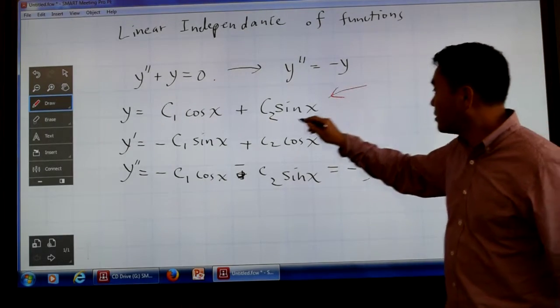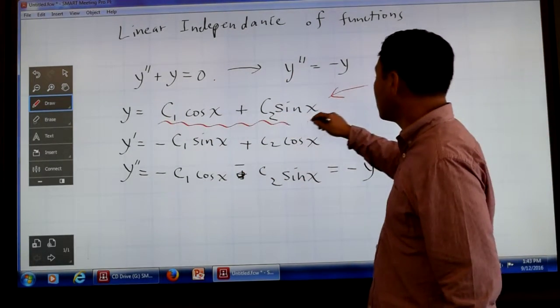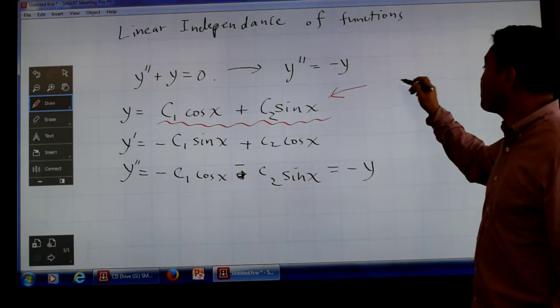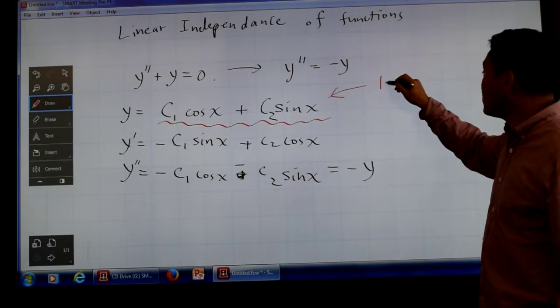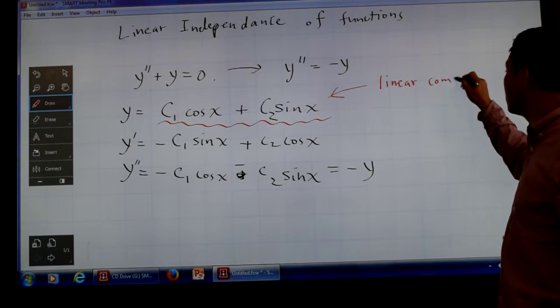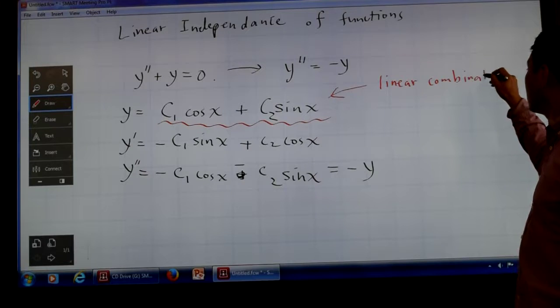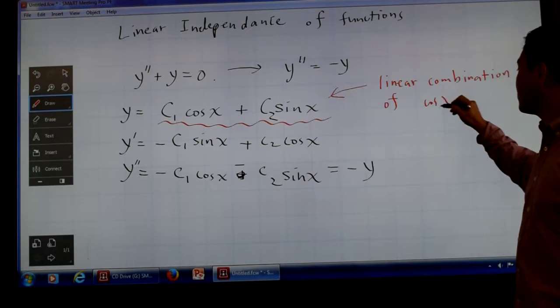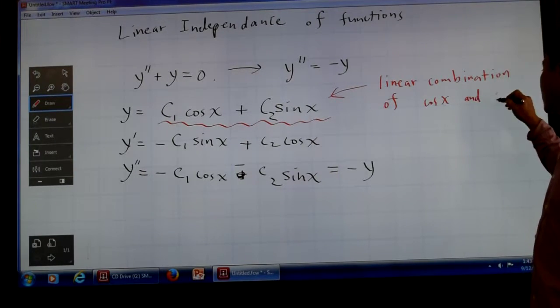This right here is called a linear combination of cosine x and sine x.